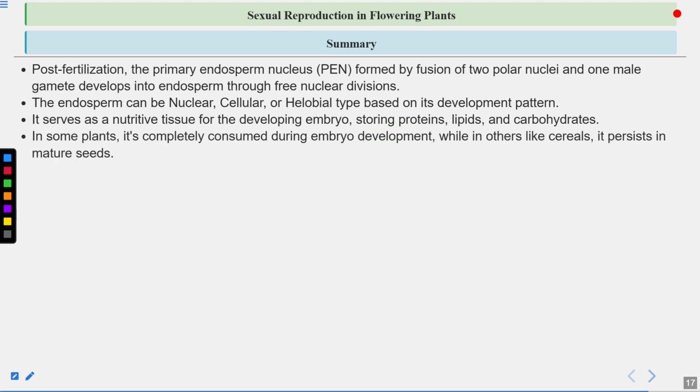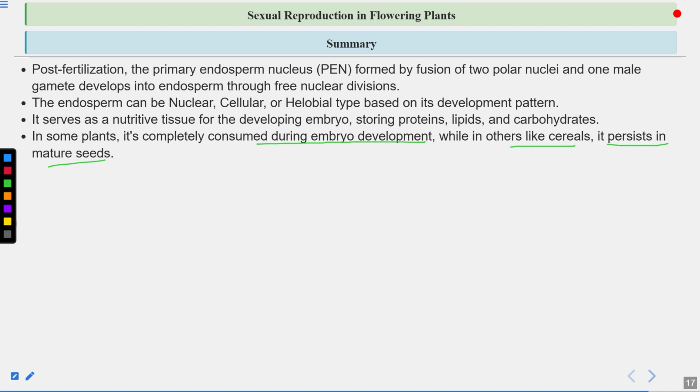In some plants, it is completely consumed during the embryo development, while in others, like cereals, it persists in the mature seed. Some part of the endosperm is left. But in some seeds, like peas and beans, all the endosperm is consumed during embryo formation.